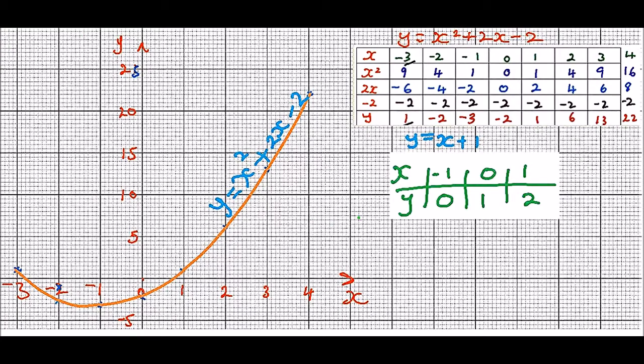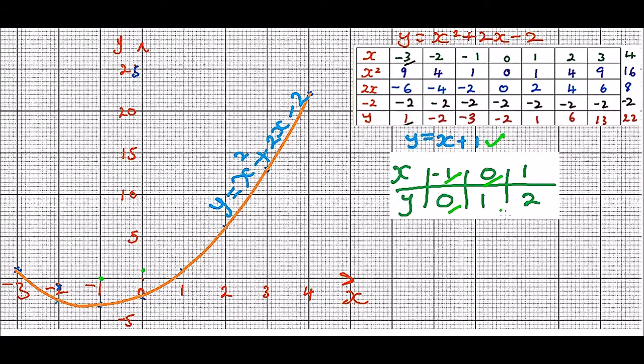We now have the table for the function y is equal to x plus 1. So we are going to identify the 3 points which will help us to come up with a straight line. When x is minus 1, y is 0. So this is where we have minus 1 and y is 0. We use a dot to represent that. When x is 0, y is 1. So it is there.